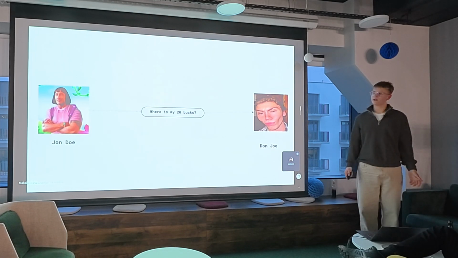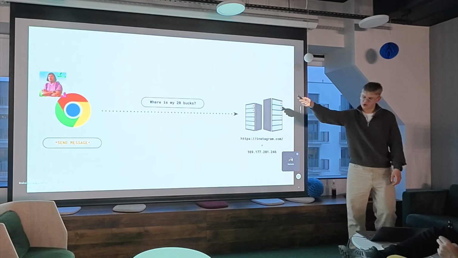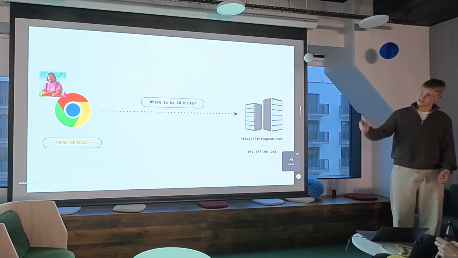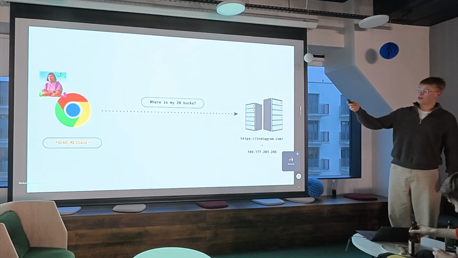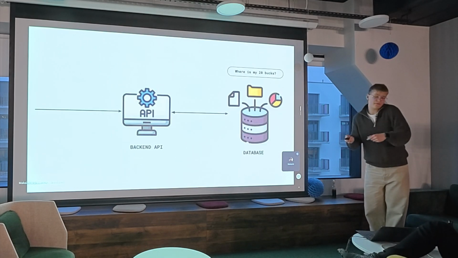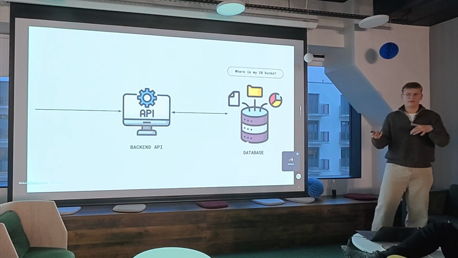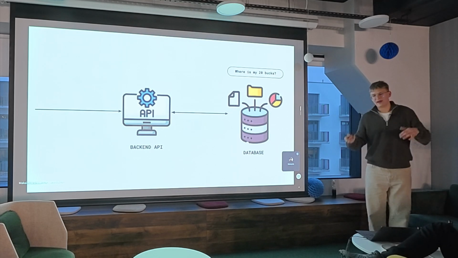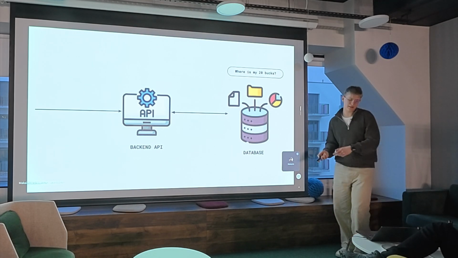So how will it look? Our John Doe sends a message to the backend server, where at least the backend API is running, and this API will save the message to the database.